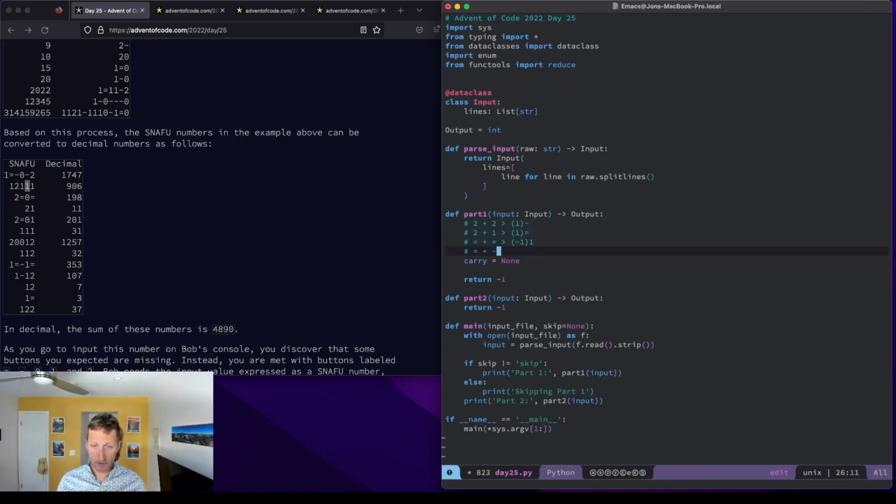Equals plus minus is going to carry -1. Carries a negative, right? 2. Yeah, okay. So the carry currently is 0.